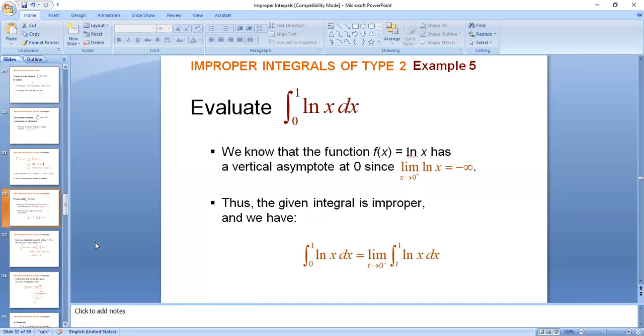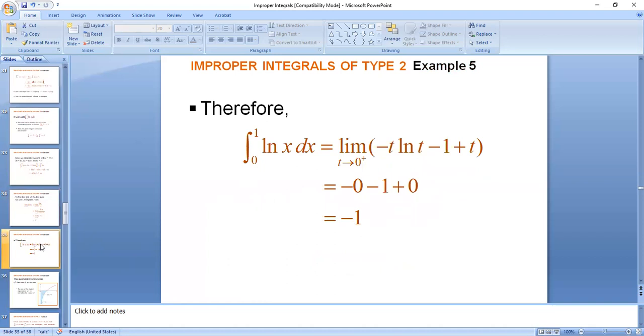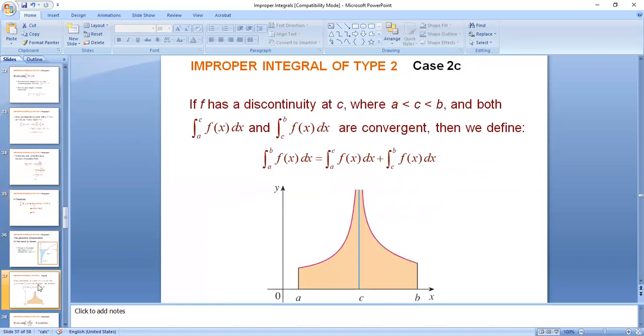Okay? So this is our example 5. It shows to you that one of your limits of integration is approached from the right. Example 4 is approached from the left because of the sign that appears on the value in which your variable approaches, whether it is negative or positive.